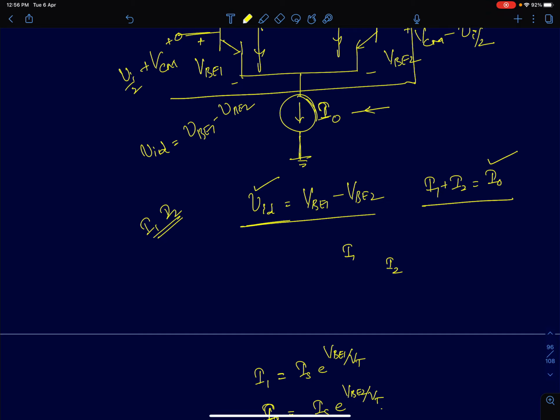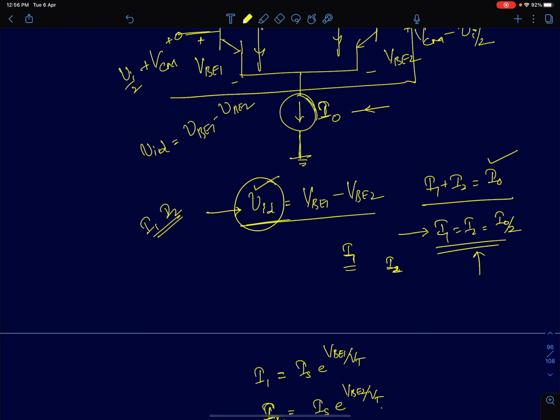So we want to see how the currents I1 and I2 change when you apply a differential input voltage. If VID was 0, then we know I1 is simply equal to I2, that is equal to I0 by 2. Now this is well known. Now we will see what happens when you apply a differential voltage.